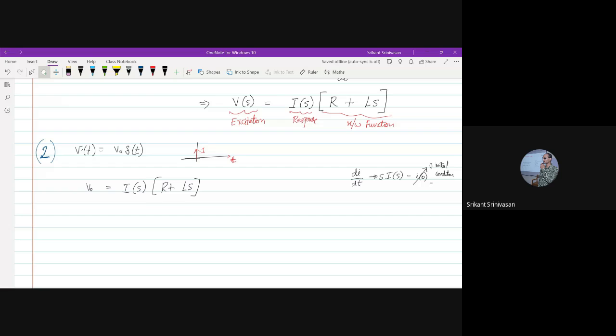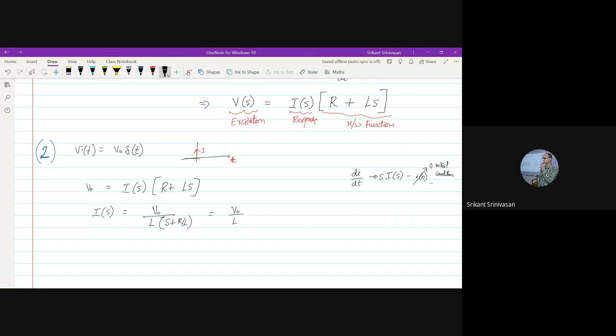Now if I want to solve this equation, then what is I of S? Can someone work it out and tell me what you are getting? So how do we solve this?